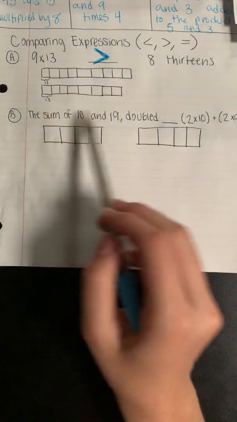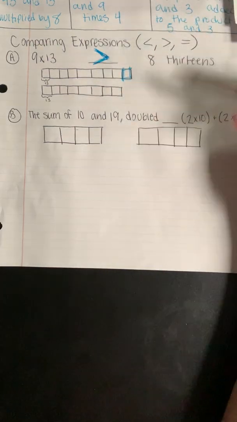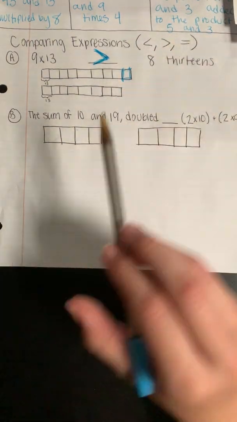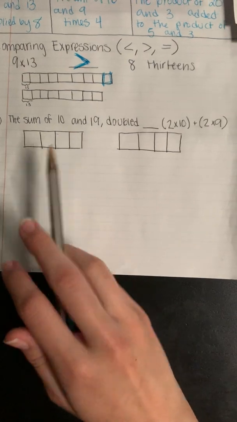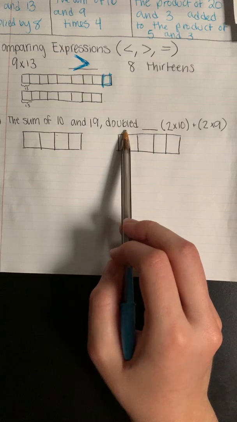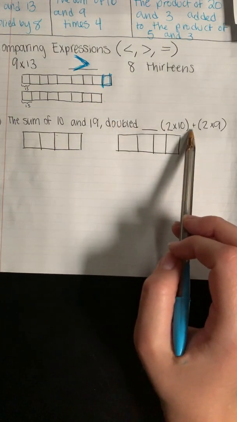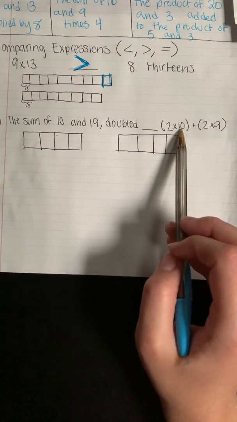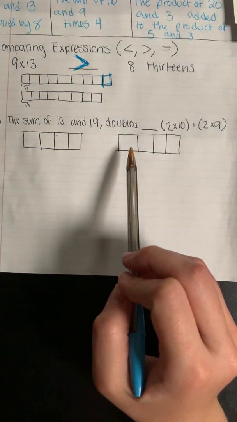Using that visual model really helped me to see that there's an extra piece up here that makes it larger than this one. And then our last problem, we're comparing two expressions. The first expression is the sum of 10 and 19 doubled, and then we're comparing that to the sum of 2 times 10 and 2 times 9.